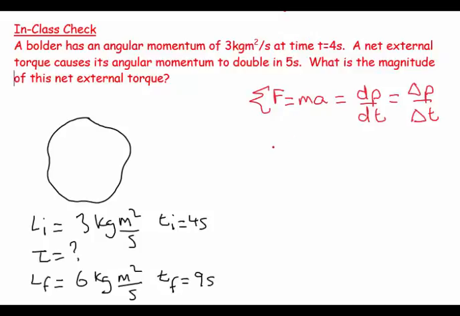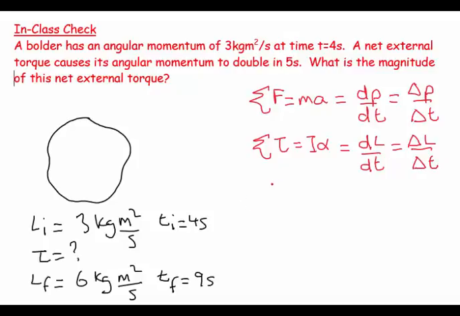Well, based on that, we can have the sum of the torques is equal to I alpha, which equals dL by dt, which if we average things equals delta L by delta t.